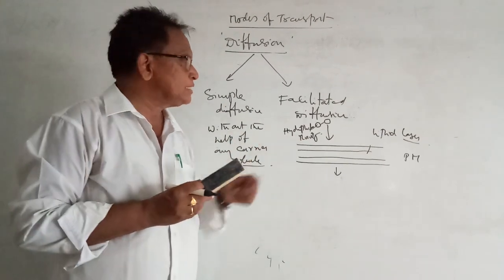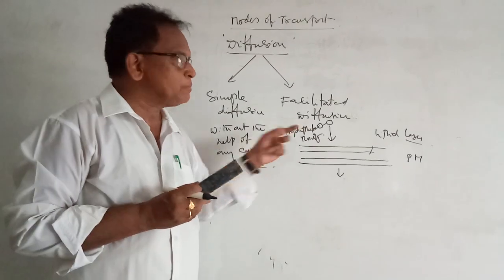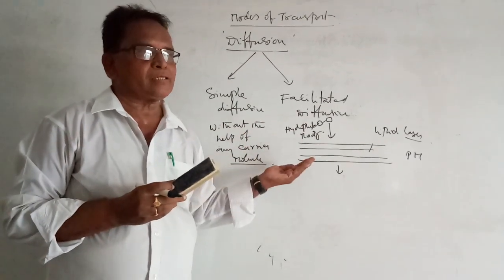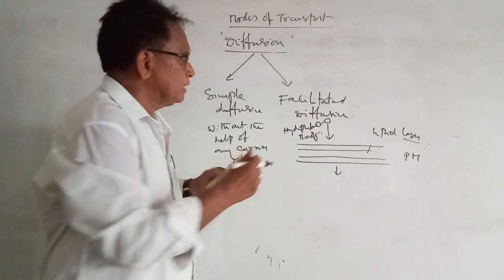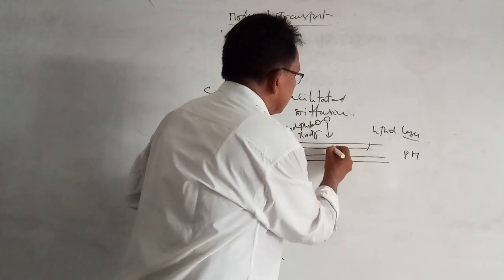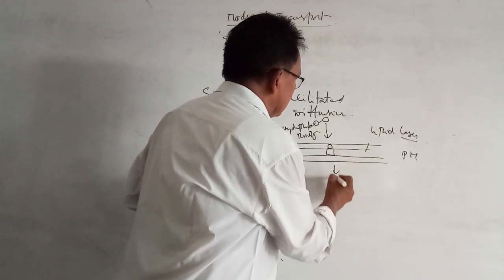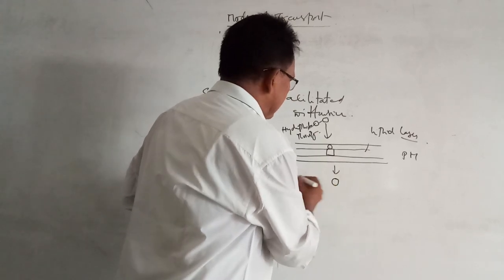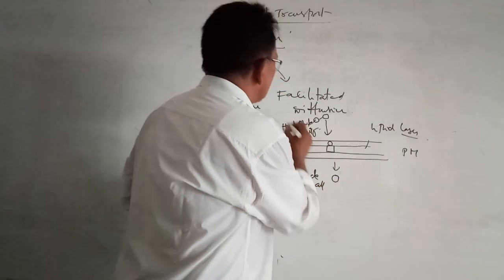In such a case, we require some carrier molecules, and those carrier molecules are nothing but proteins. These carrier proteins pick up that molecule, and with their help the molecule is liberated inside the cell from outside.